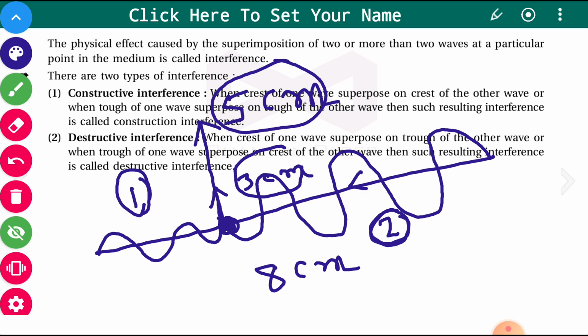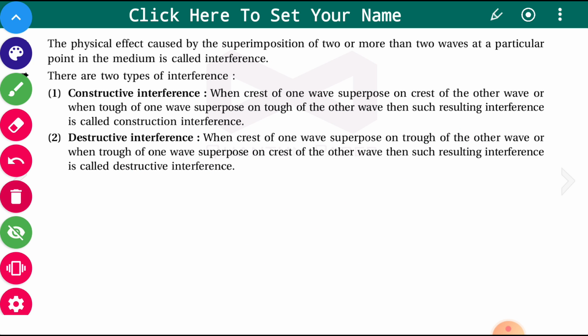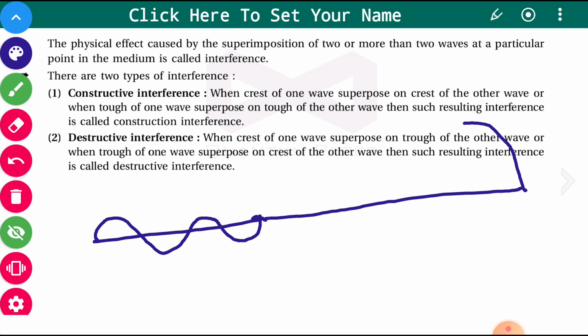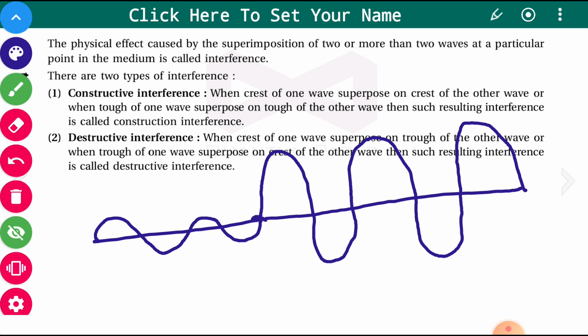Now, if another wave, say for example, this is the point where the first wave is coming at any time, and the second wave is reaching this particle and giving the displacement in downward direction, that is say 5 centimeter, and the first wave is giving the displacement 3 centimeter in upper direction.